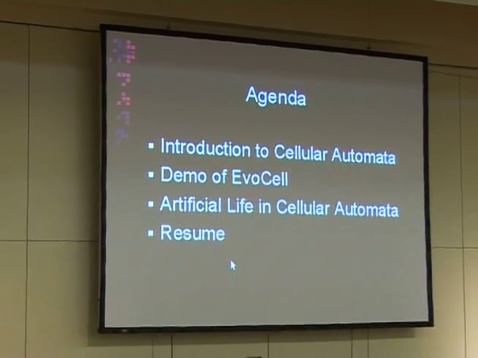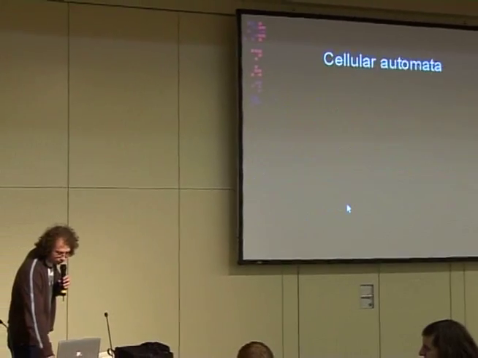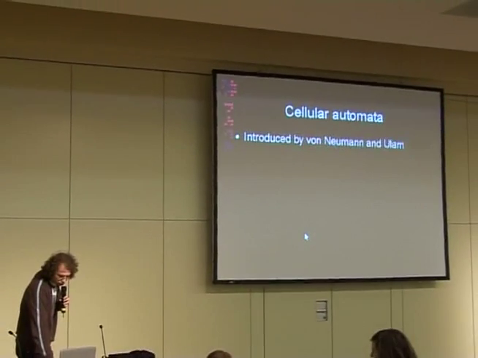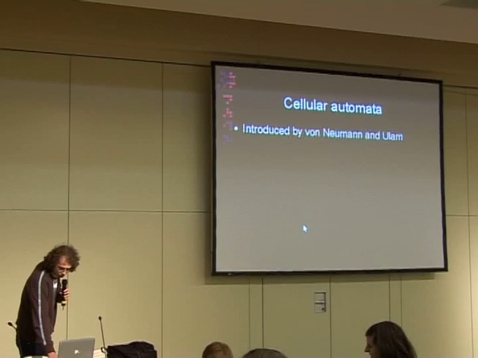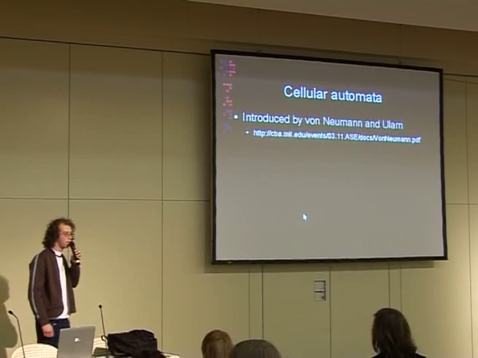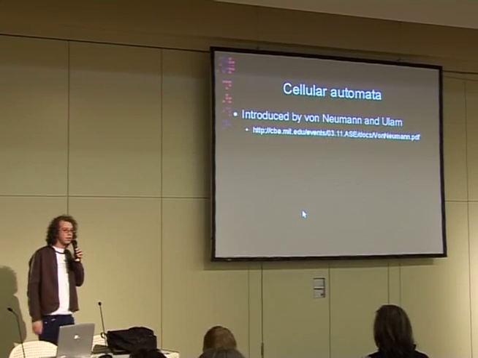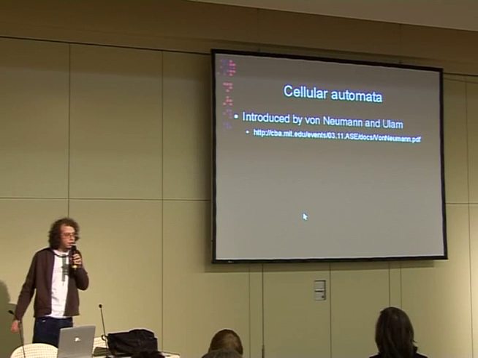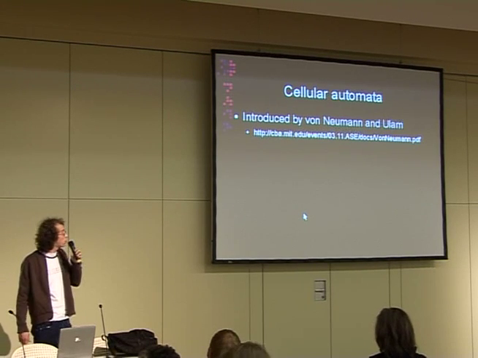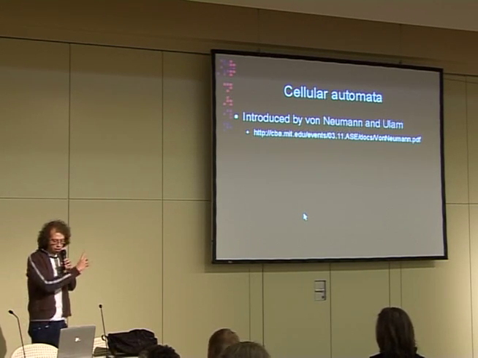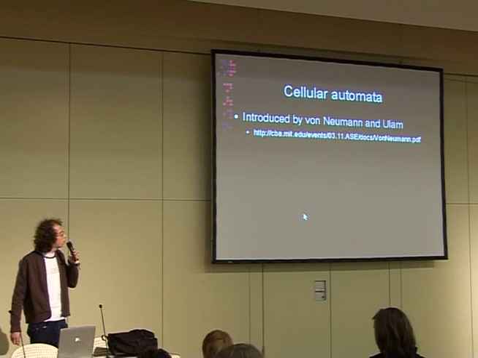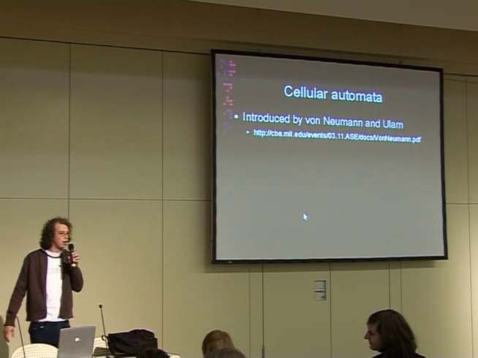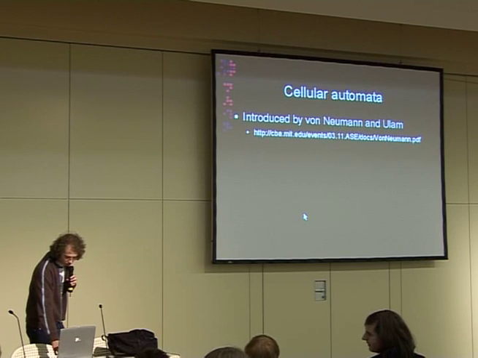So, what is a cellular automaton? It was introduced by von Neumann and Stanislaw Ulam in the 40s, I think. So the father of our computers is also the father of cellular automata. At this URL, you can find a very interesting paper from that time, if you're interested.